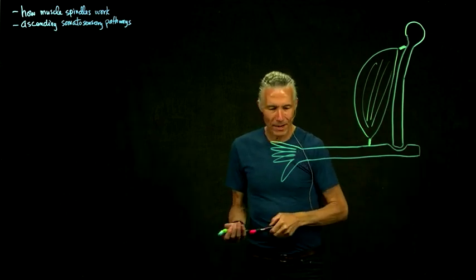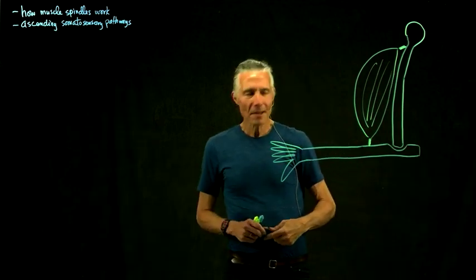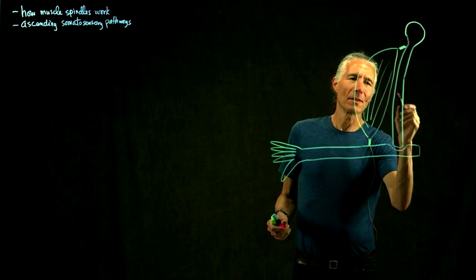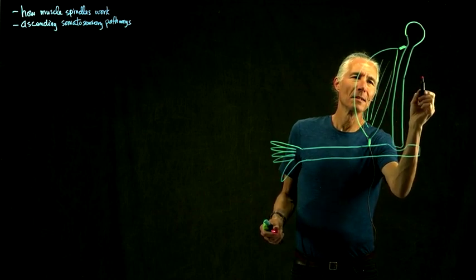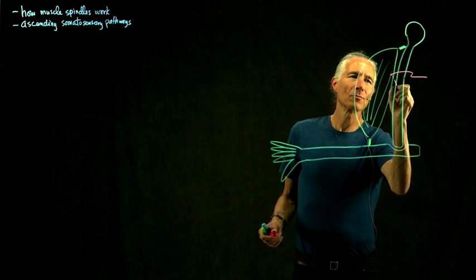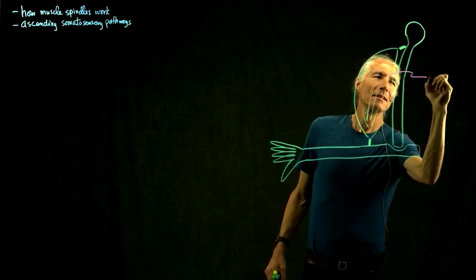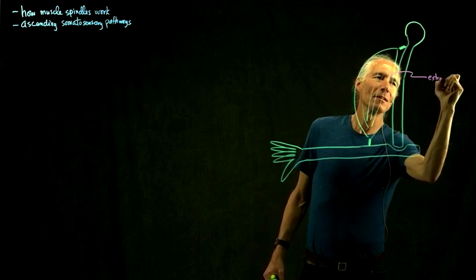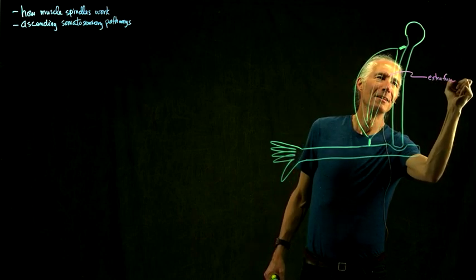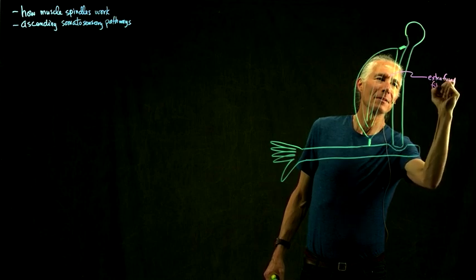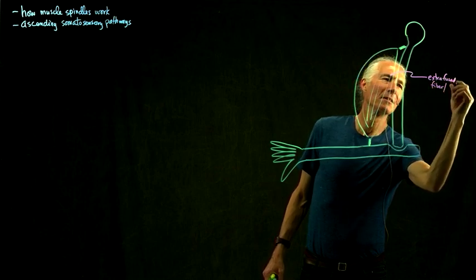And if you read anything about how spindles work, that thing is confusingly called the extrafusal fibers or muscle. That's the main muscle.